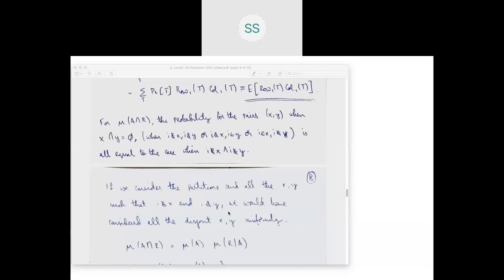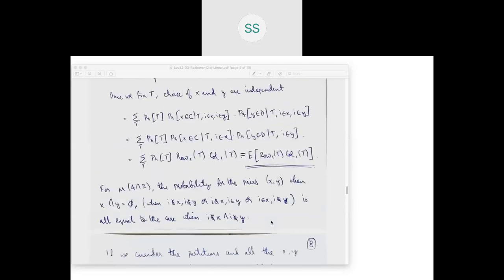Because if you pick any disjoint X and Y, there will be an equal number of I which avoid them, and so it's uniformly distributed. For any disjoint X and Y, it is distributed uniformly.